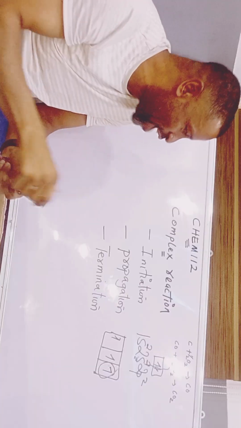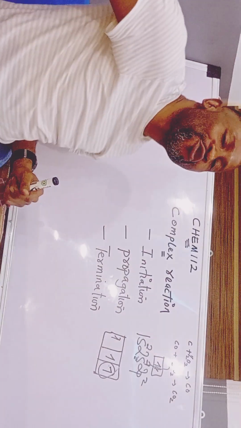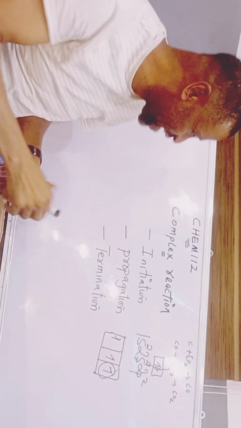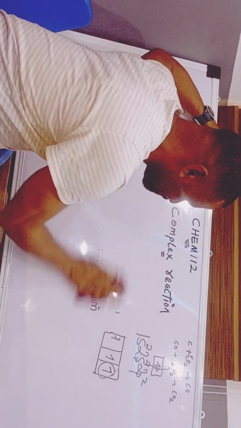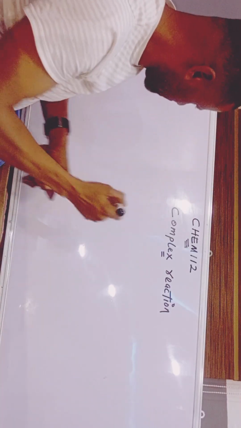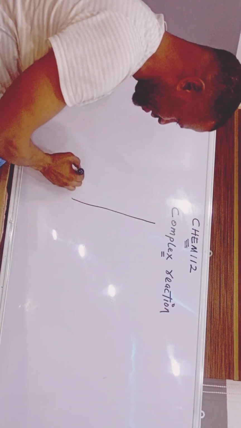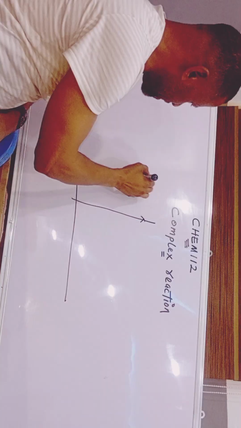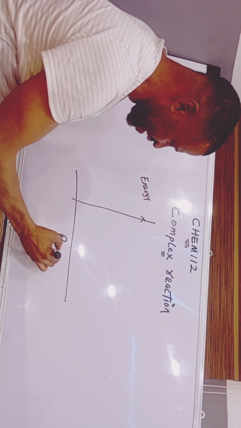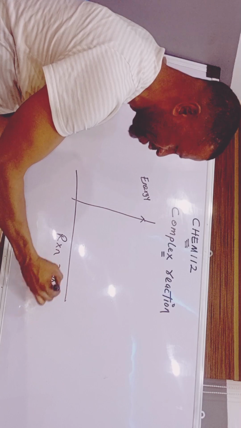Okay? Now, you see that there are some chemical reactions that have only one transition stage. Remember, when you talk about transition stage, if I have something like this, this is energy coordinate, and this is reaction pathway, reaction path.